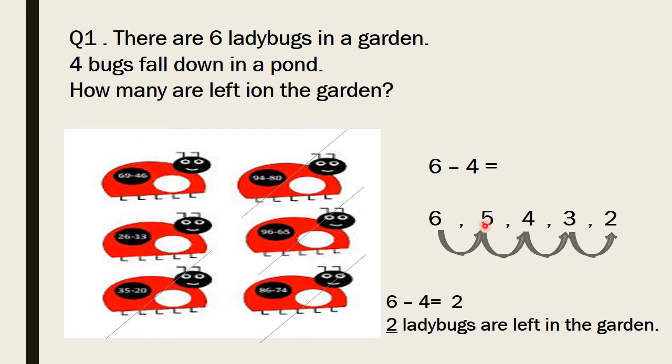So 6, 5, 4, 3 and 2. So what is my answer? 2. 6 minus 4 equals 2. This means 2 ladybugs are left in the garden. You have to make sure that you write the subtraction sentence, which is 6 minus 4 equals 2, and you write the final sentence, which is 2 ladybugs are left in the garden. These two are very important.